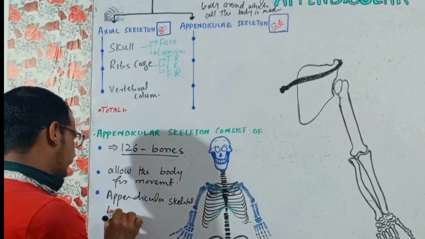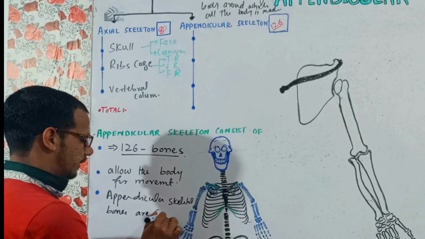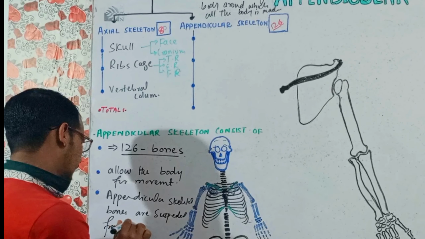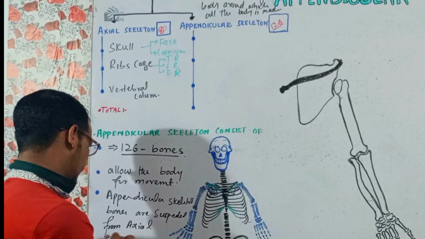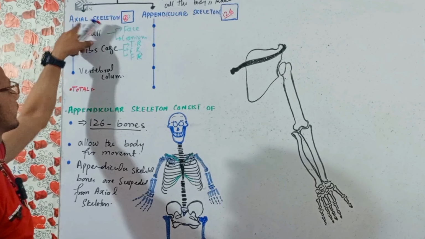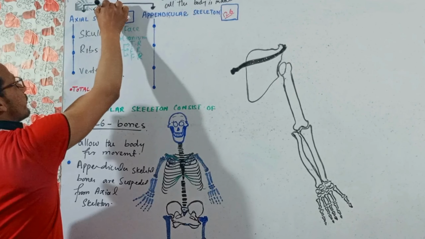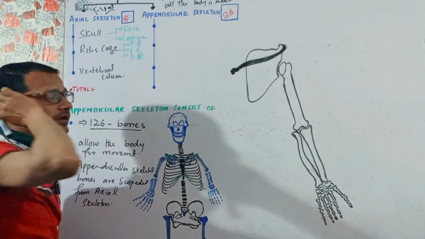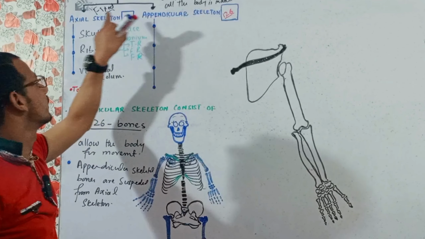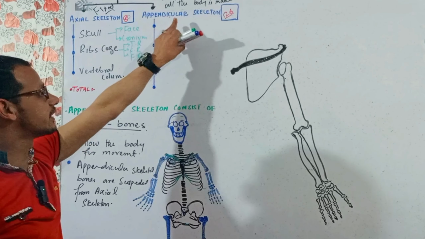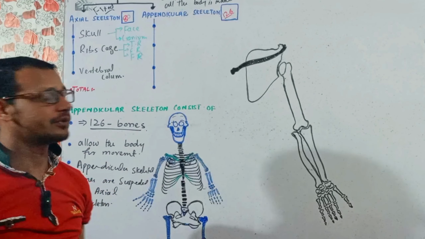Right, so this is very easy: the axial skeleton is fixed in its place. It is a fixed and not movable part of the human skeleton, and the appendicular skeleton is suspended from this fixed skeleton, and it allows the body movements, and it also allows the body weight bearing.